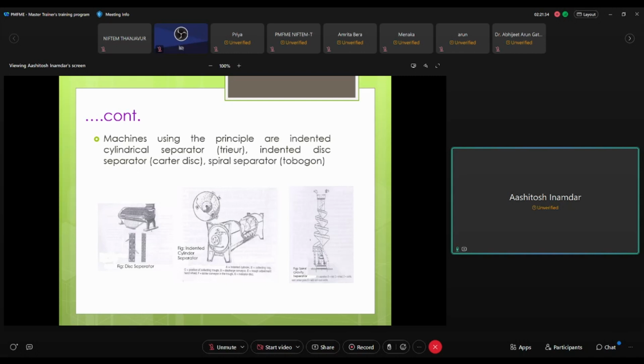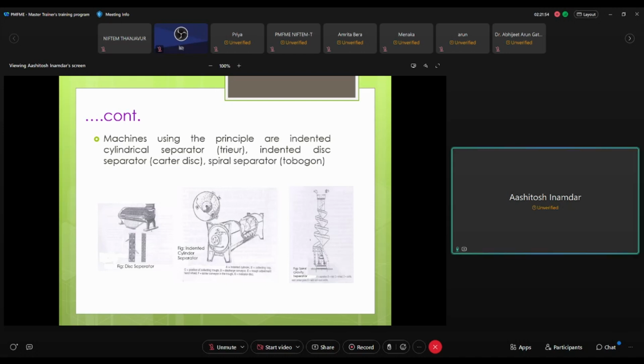When the cylinder starts rotating, the center of mass of that particular grain plays a role here. The grain which has its center of mass outside the indent will fall down.